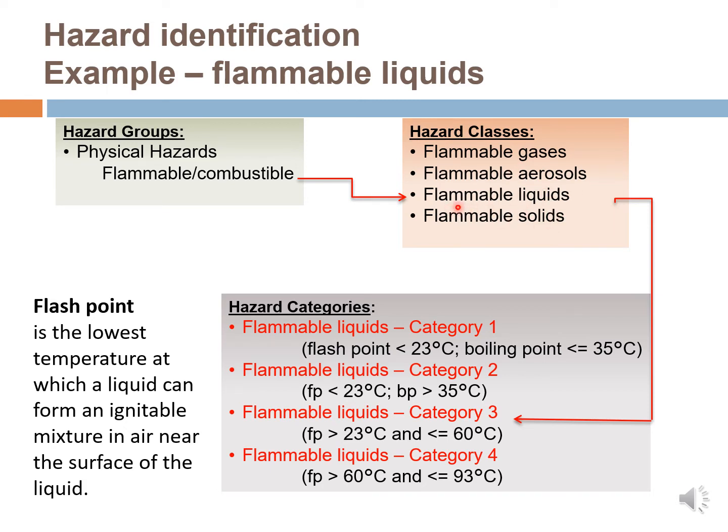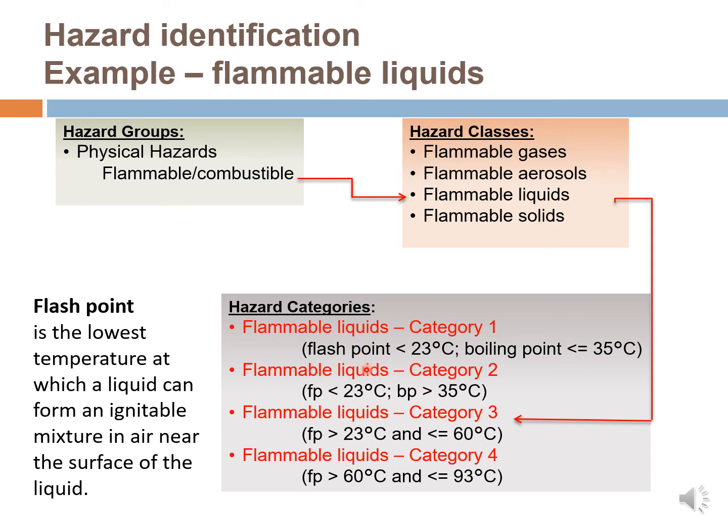In this case we will only check the flammable liquids. Flammable liquid has four categories, and depending on their flash point temperature as well as boiling temperature, these categories are divided.